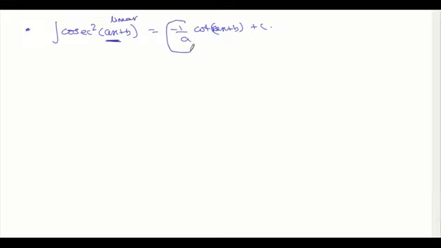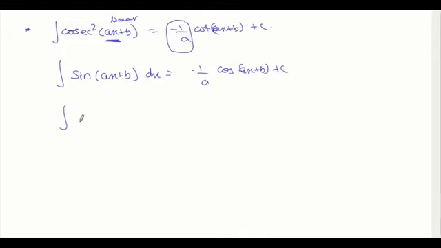And some more we also need to know, children, because in the beginning I said it is the antiderivative. The integral of cosecant square of ax plus b is nothing but minus 1 by a cot of ax plus b plus c. Whenever they give it in this linear form, we should get the coefficient of x in the denominator. Some more examples: the integral of sin of ax plus b is minus 1 by a cos of ax plus b plus c.